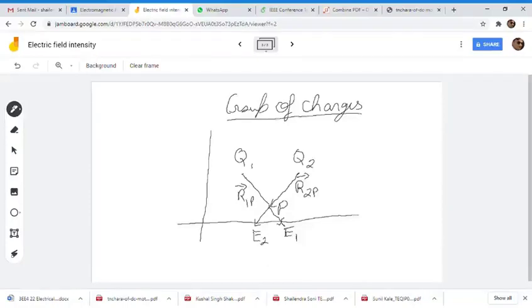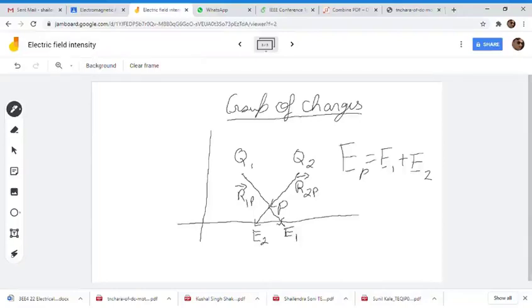So the final electric field at point P will be E1 plus E2. And this is very simple.